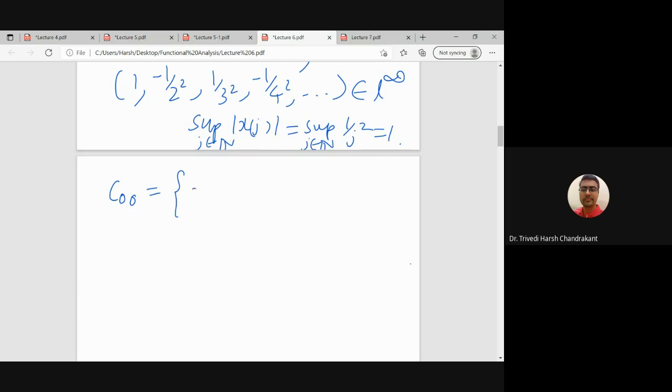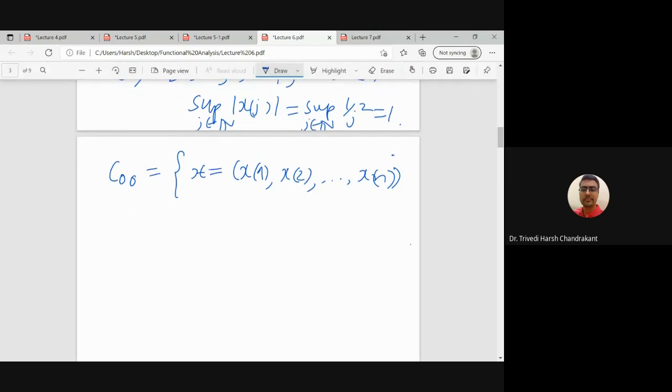That is the set of all sequences x1, x2, ..., xn, such that xj is 0 for all j greater than some fixed number.